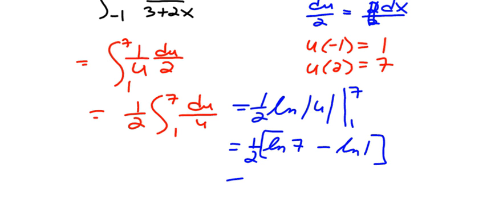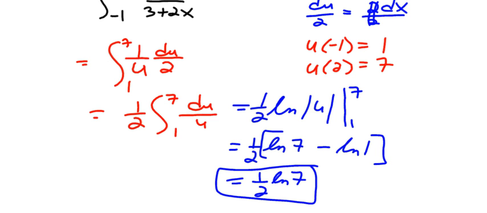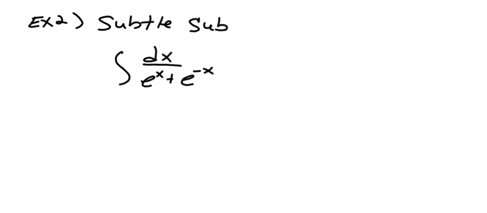But remember, ln of 1 is really a value of 0, so I end up with this as my answer. So that's just reviewing substitution. Remember, because I changed bounds, I did not need to resubstitute. If it was an indefinite integral, I would have to resubstitute my u value.